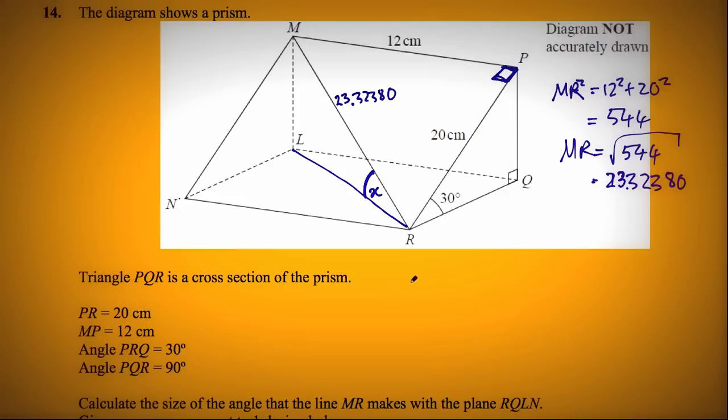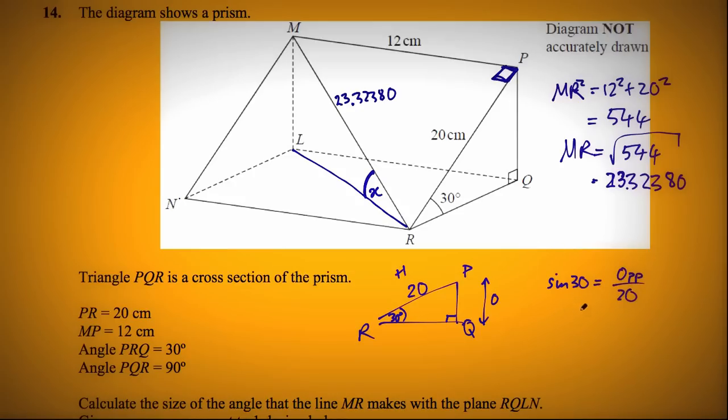PQ, if I look at this triangle here, PQR, 30 degrees and 20, that means I've got a hypotenuse and I've got the angle here, and I'm looking for the opposite side, O. So I've got hypotenuse and opposite, so I'm using sine. Sine 30 equals opposite over hypotenuse.